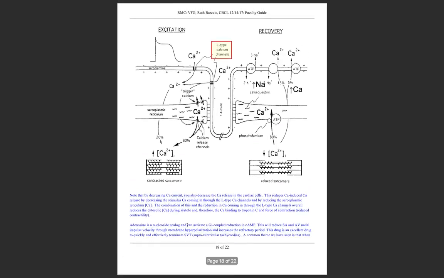Basically it's binding to the receptor and reducing cyclic AMP. Okay, and that reduces the impulse velocity pretty much the way that a beta blocker would. You're reducing L-type calcium channel activity, and basically from there on it's like a calcium channel blocker.